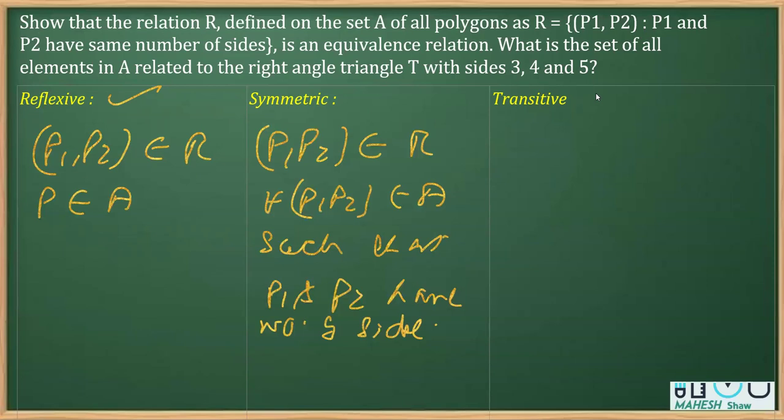So if P1 and P2 have the same number of sides, clearly P2 and P1 will also have the same number of sides. So (P2, P1) belongs to R. Hence it is symmetric.